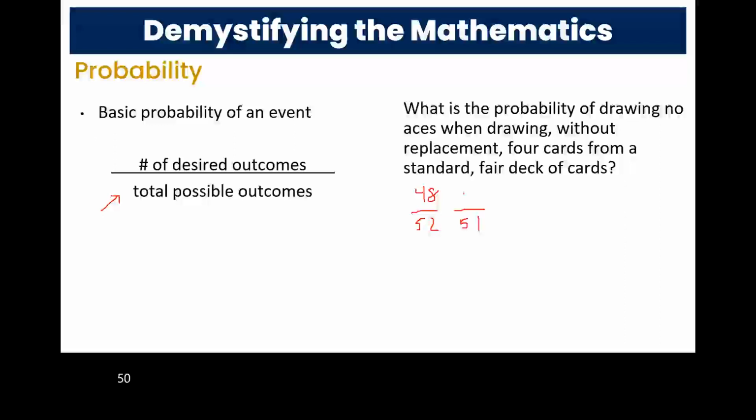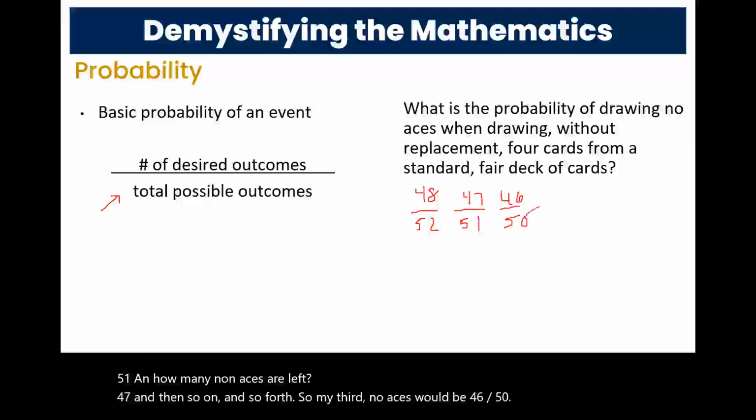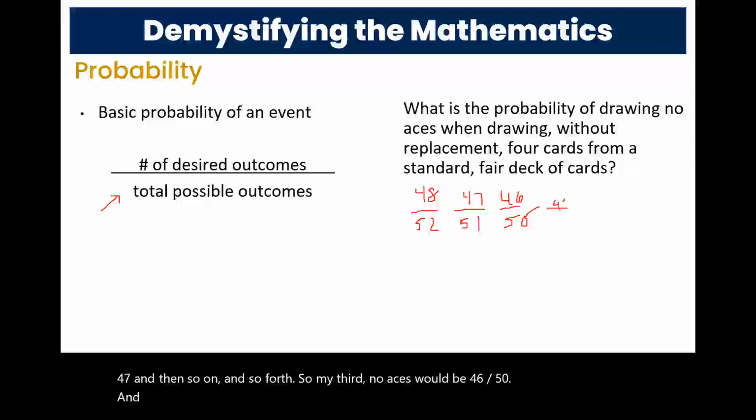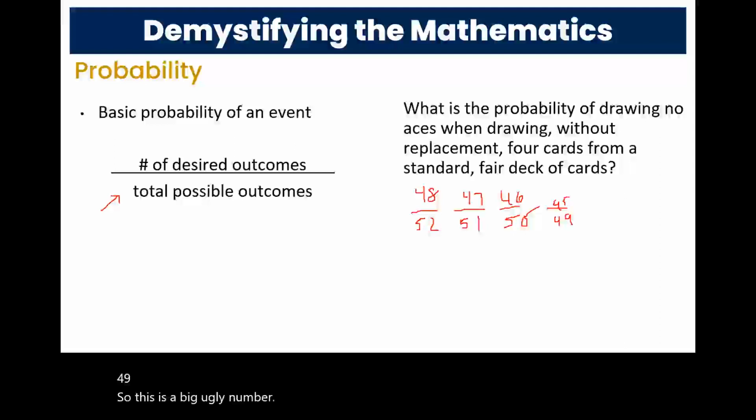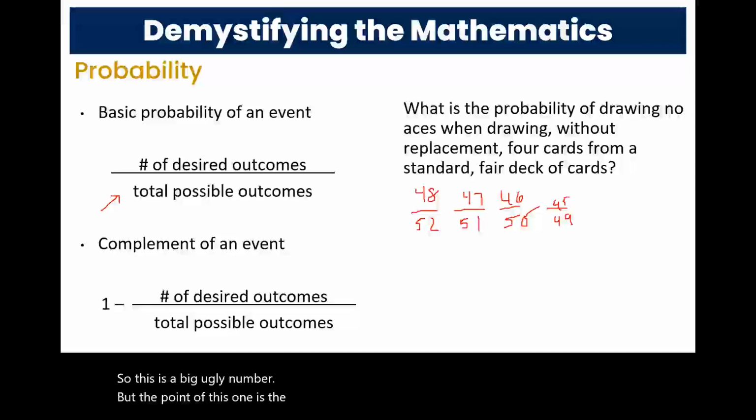And how many non-aces are left? 47. And then so on and so forth. So my third no ace would be 46 over 50, and then 45 over 49. So this is a big, ugly number. But the point of this one is the next question.